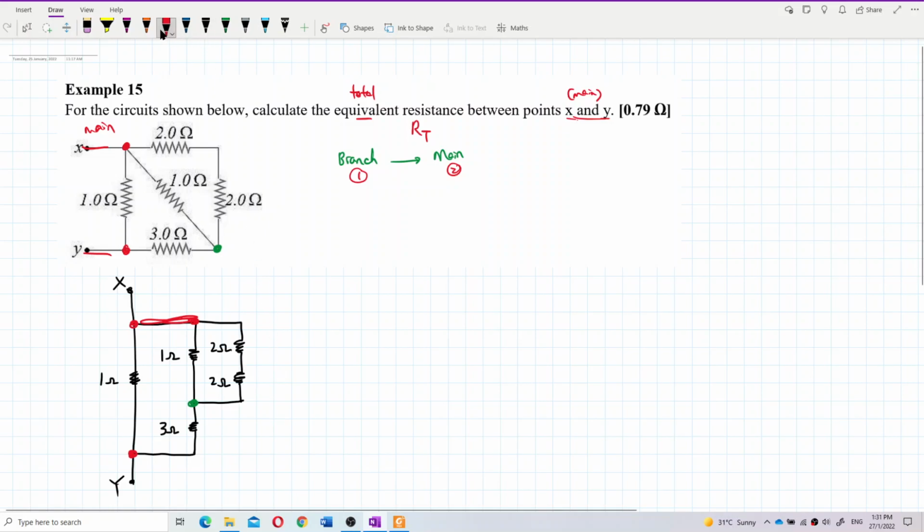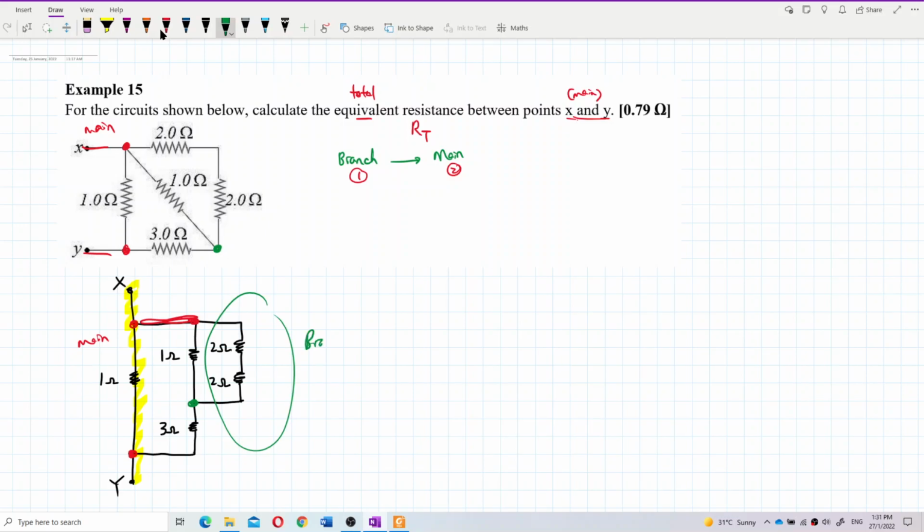So over here is the main circuit, the whole thing over here, whereas here is the branch. So we always work from branch first, then we go to the main. That means this 2 ohm and 2 ohm are in series.